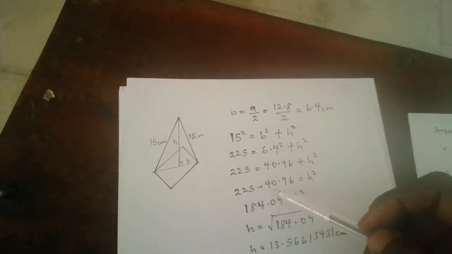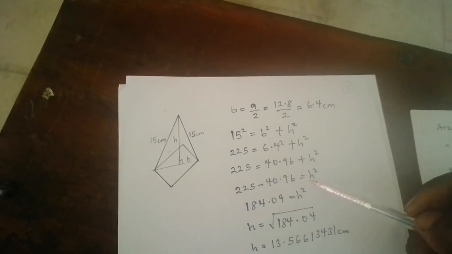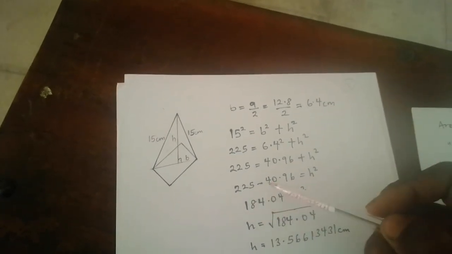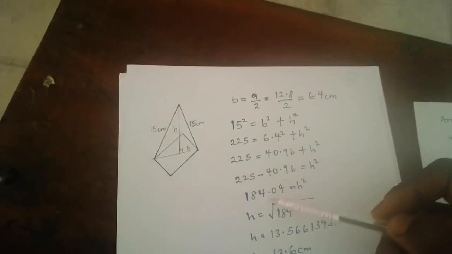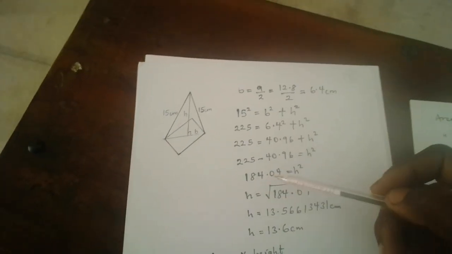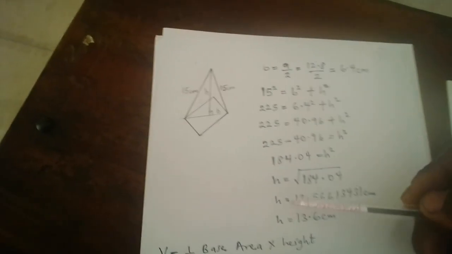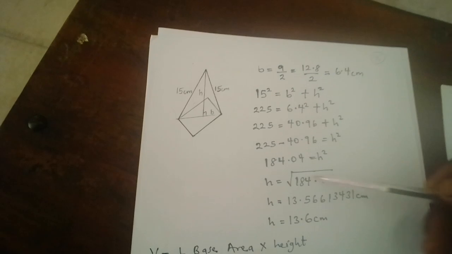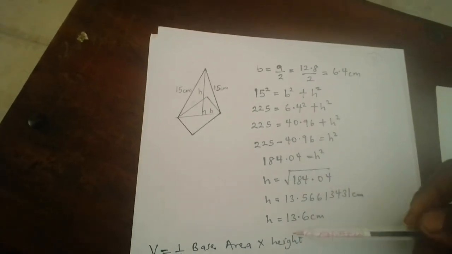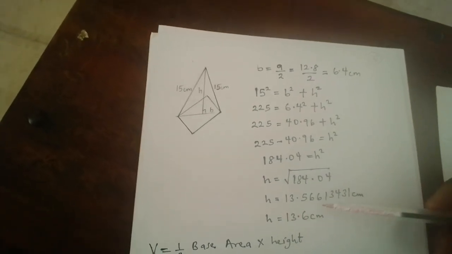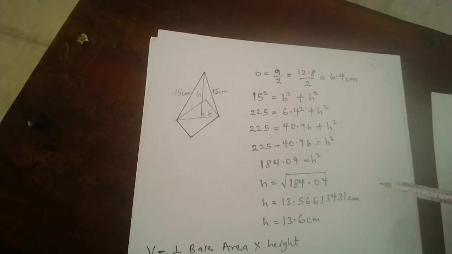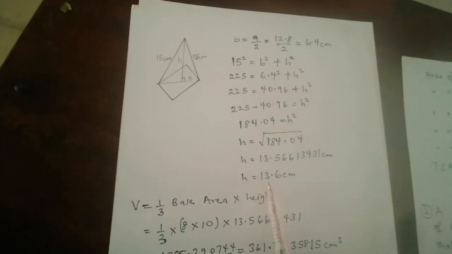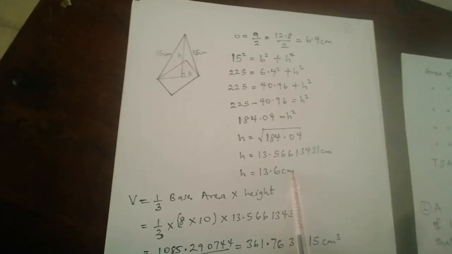So 225 minus 40.96 is equal to h square. 225 minus 40.96 will give us 184.04. To get h, you find the square root of 184.04, which should give us 13.56613431 centimeter. So the height is taken to be 13.6 centimeter.